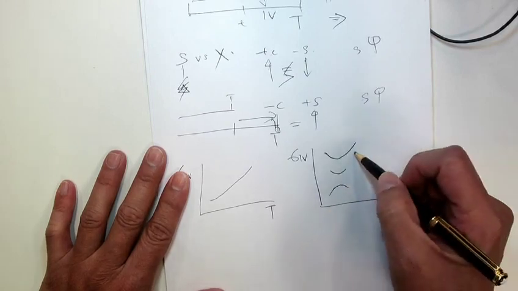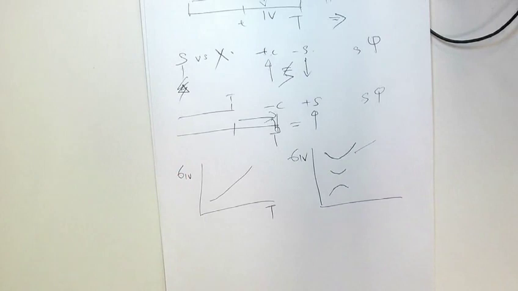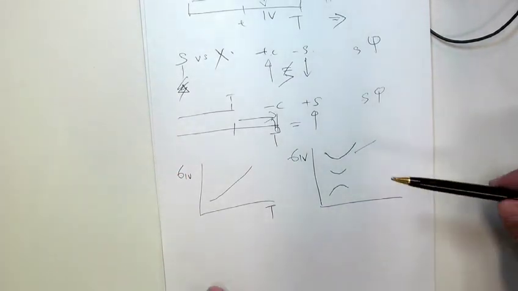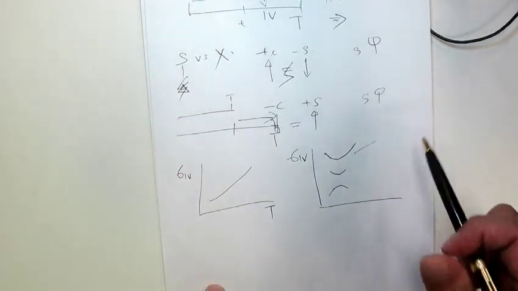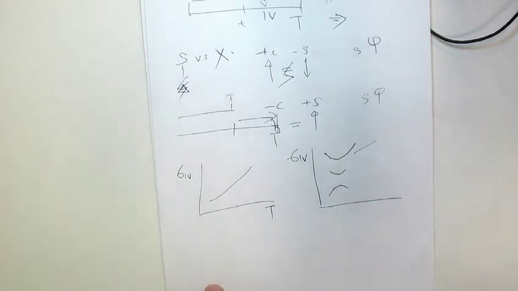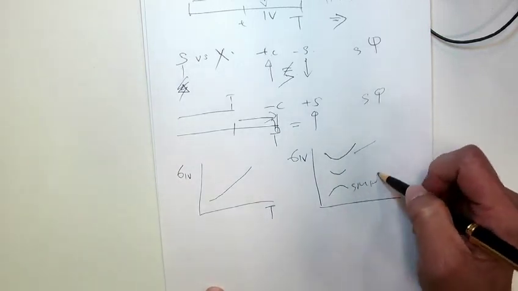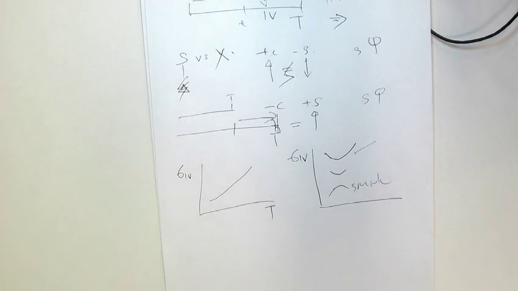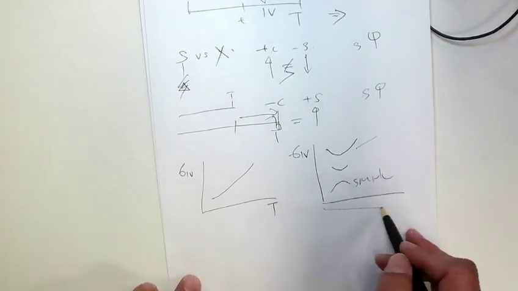Okay? So this is called a volatility smile. This is called volatility smile, volatility skew, volatility smirk. Okay? Now, why do these things happen in the market? This moving across strike price, right?